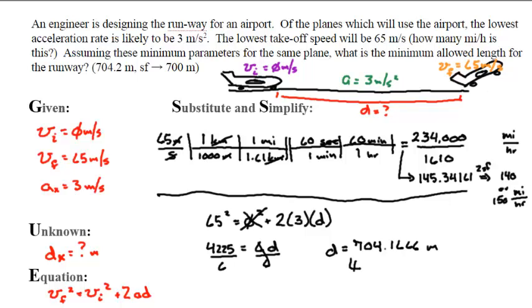And now, if I apply the correct number of significant figures, I only have 1 sig fig. So that means that my answer is going to be 7, followed by 2 placeholder zeros, meters.